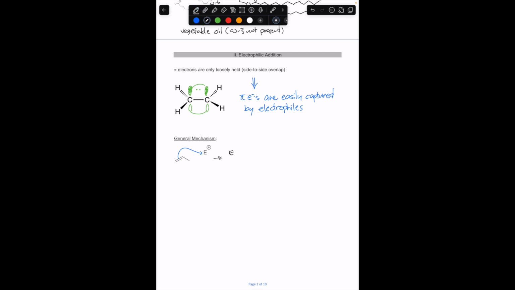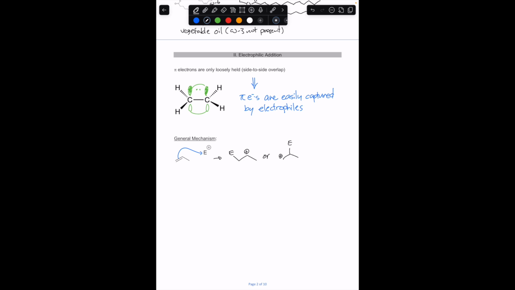And when it does, there's a geometric concern, right? Like the electrophile could end up on either carbon, because you're using these 2 electrons to form a bond with the electrophile. Now, these 2 electrons are shared between these 2 carbons, so the new electrophile-carbon bond could form here or there, right? There's 2 choices.